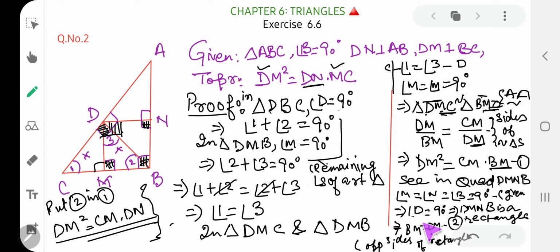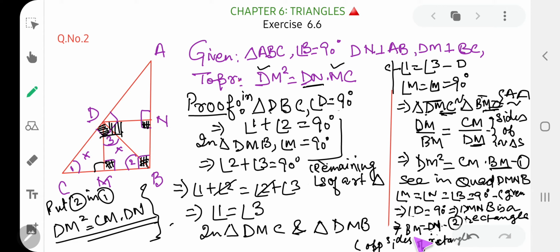If all the angles are of 90 degree in a quadrilateral, then that quadrilateral is a rectangle. So we can say that DMBN is a rectangle. And if it is a rectangle, its opposite sides are equal. So we will get BM is equal to DN.